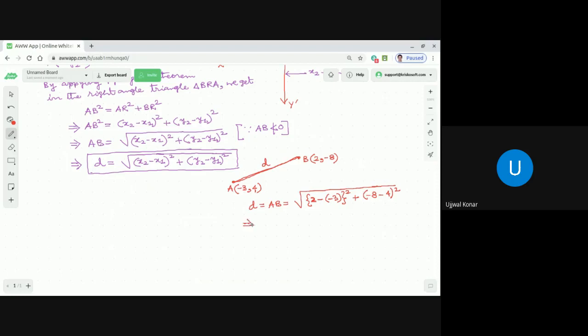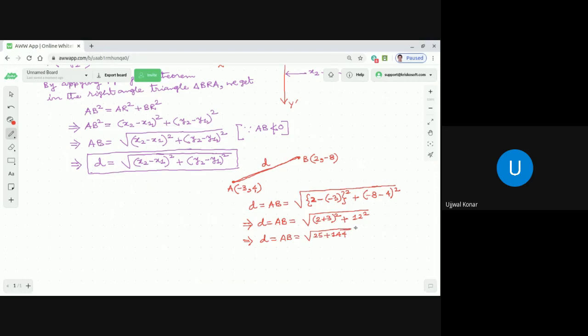So from here what we get is that D is equal to AB is equal to square root of 2 plus 3 whole square plus, -8 minus 4 means 12 whole square. So it is 5 square plus 12 square. 5 square is 25 and 12 square is 144.